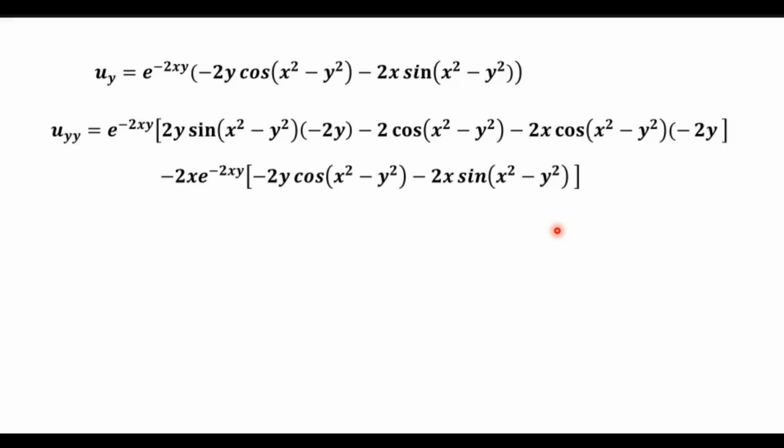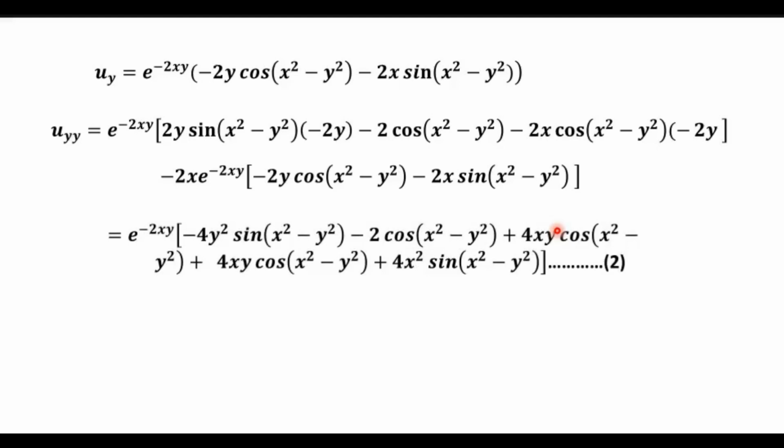This was asked once in the exam. That's why I thought I'll take this problem here also. Now take e raised to -2xy common and simplify. We have only applied u into v, no other formula.